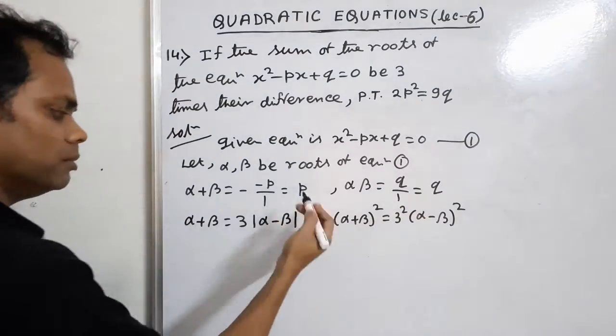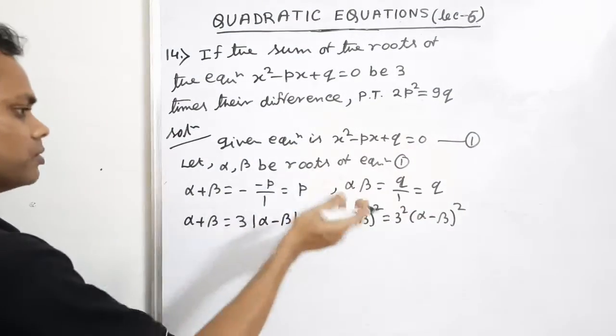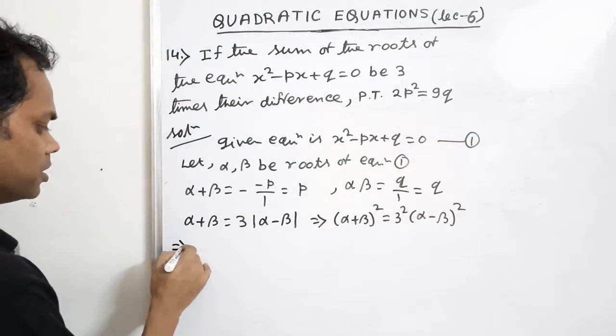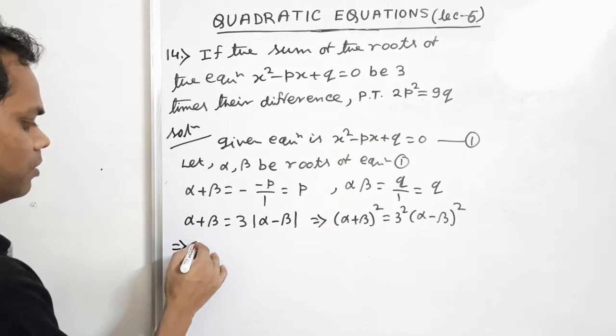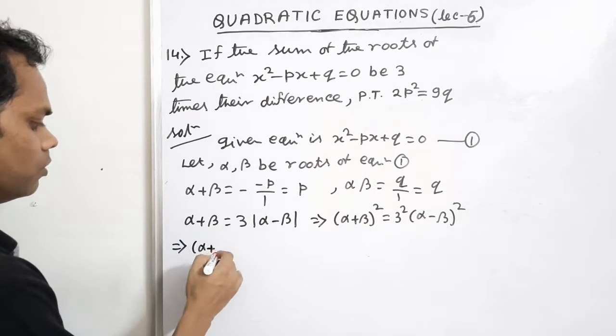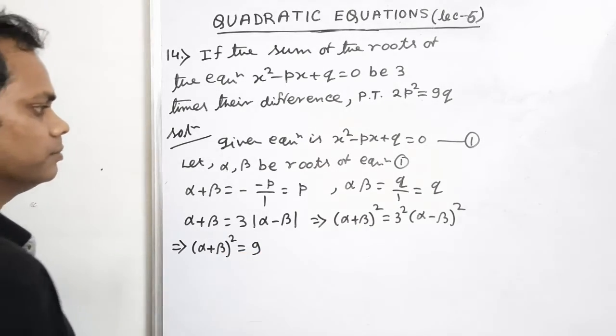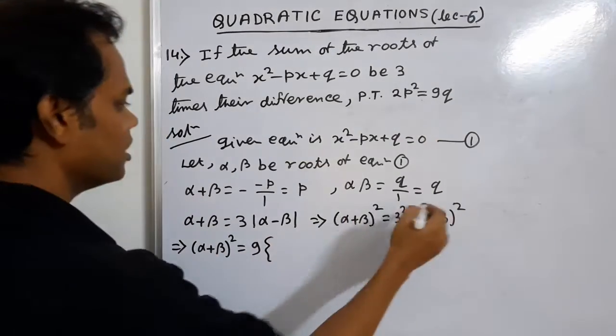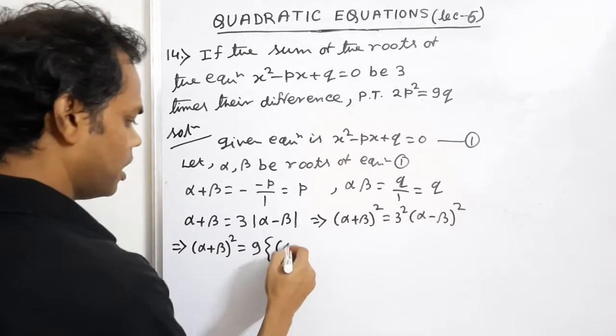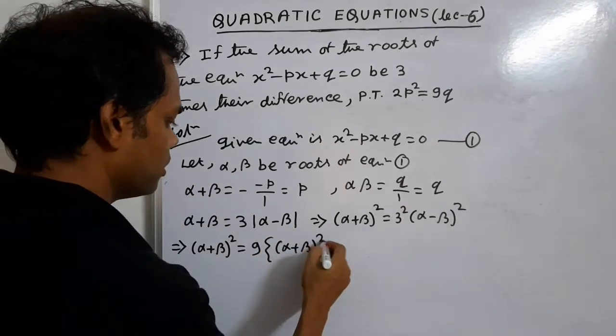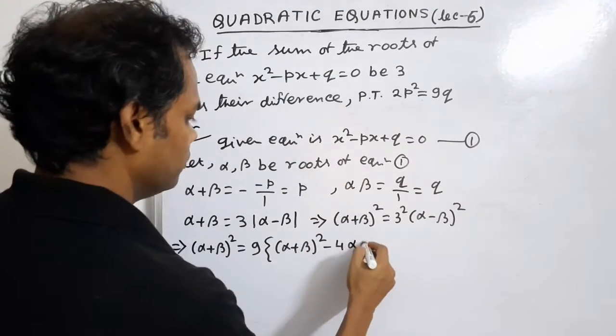For the squaring part, modulus is not needed because square is also a positive term. So alpha plus beta whole square equals 9 times alpha minus beta whole square, which can be written as alpha plus beta whole square minus 4 alpha beta.